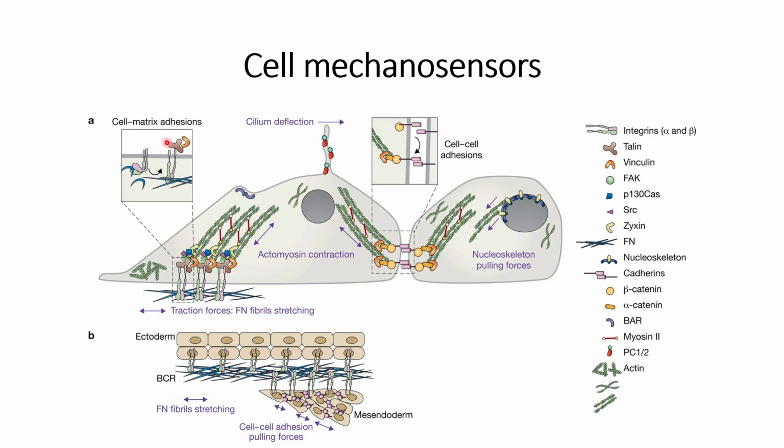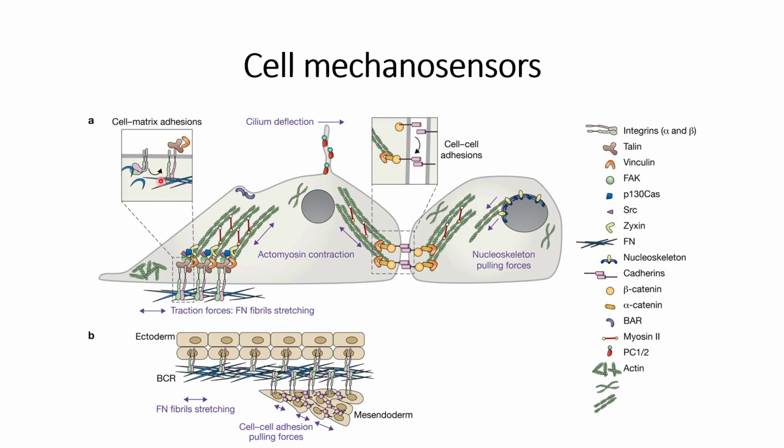So here they have shown one example, that is cell matrix adhesions. We can see that when the cells interact with these fibrils, it leads to a conformational change, and that conformational change leads to interactions of the intracellular proteins such as vinculin and talin.